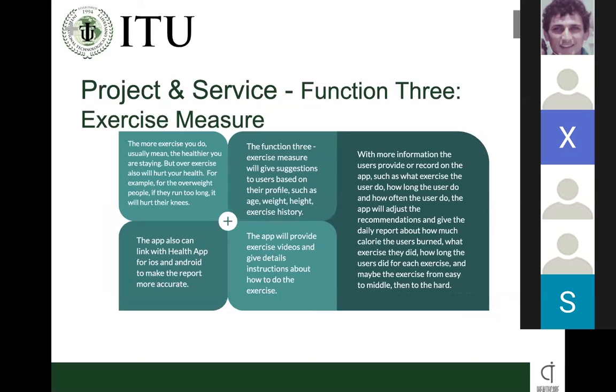So this function gives suggestions to the user based on your profile, like, are you just starting exercise? Maybe so, then it gives you some easy exercise to start, or maybe given your age you shouldn't do something like 1 hour of running. We also try to link the app with health apps, like Apple.